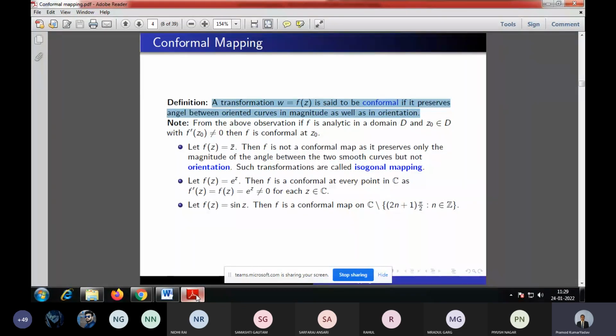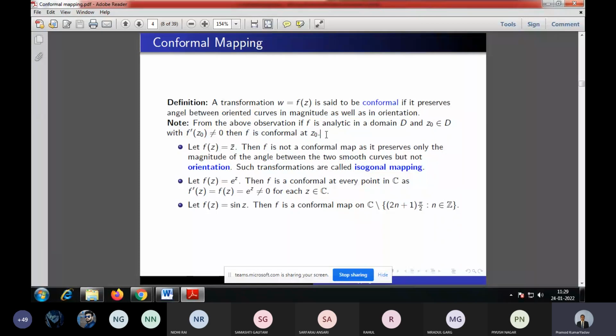No. So I hope the definition is clear. Now, from the above observation, if f is analytic in a domain D and z naught belongs to D with f dash z naught not equal to 0, then f is conformal at that point.